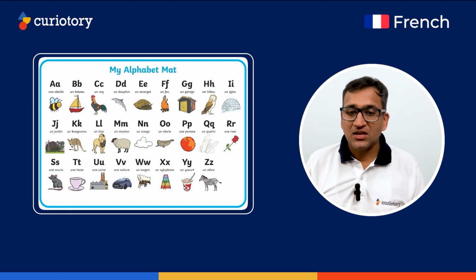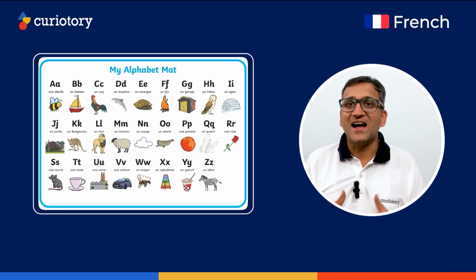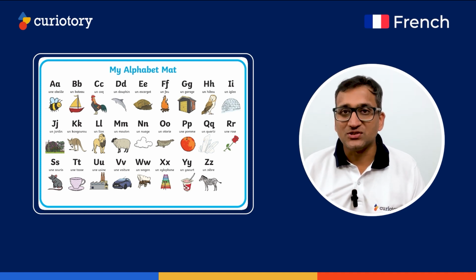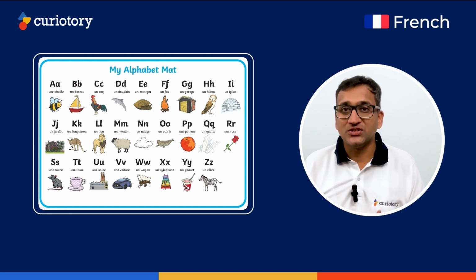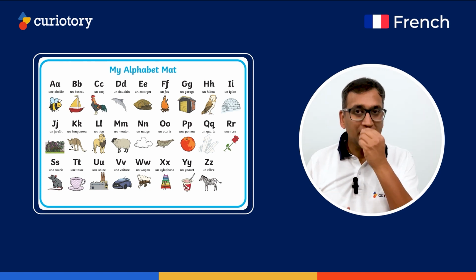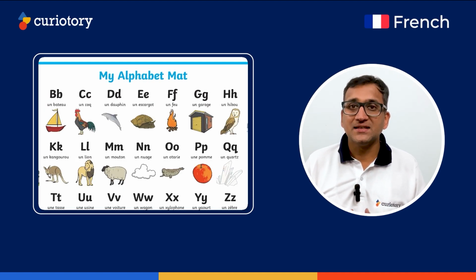Then C, coq, D, dauphin, E, escargot, F, fleur, G is garage. G is garage, fine. The sound is J, garage. And then H, hibou. How do you pronounce? Hibou. Then igloo. For I, it's igloo. The letter separately is E, and you pronounce it as igloo.